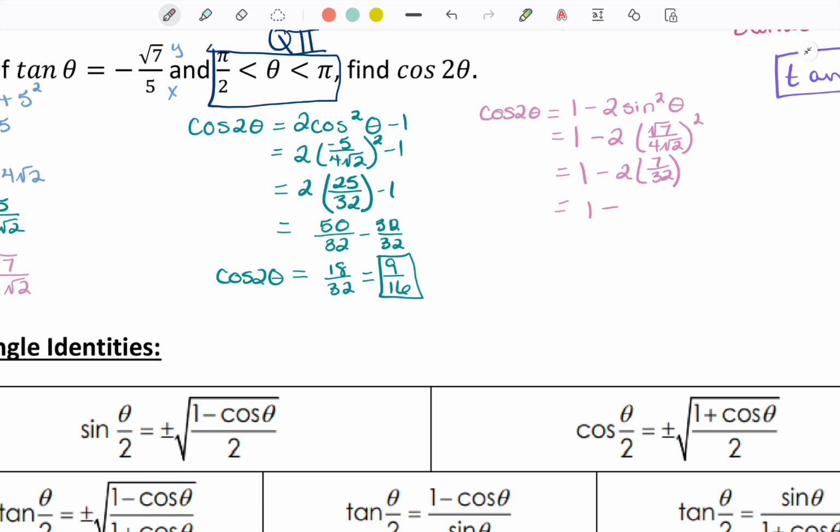And so 2 times 7 is 14 over 32. And so we have 32 over 32 minus 14 over 32. So 32 minus 14 is 18 over 32. And so this is going to reduce to 9 over 16. So do you see how we got the same value?